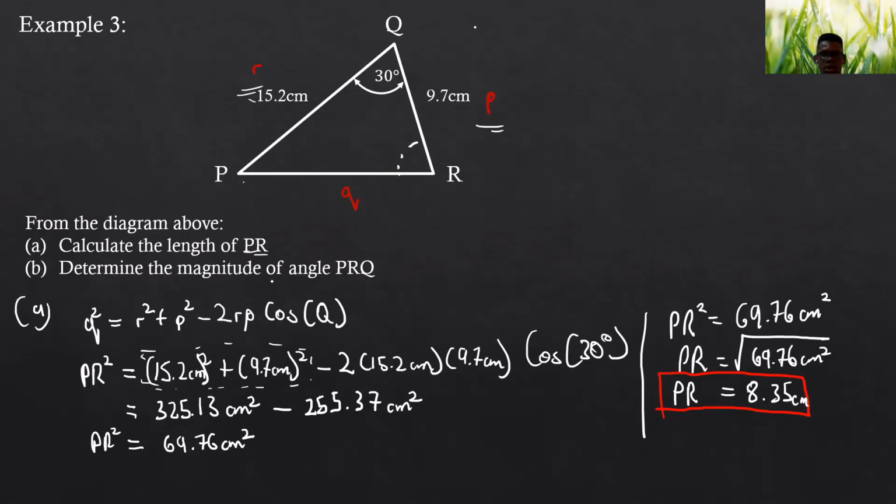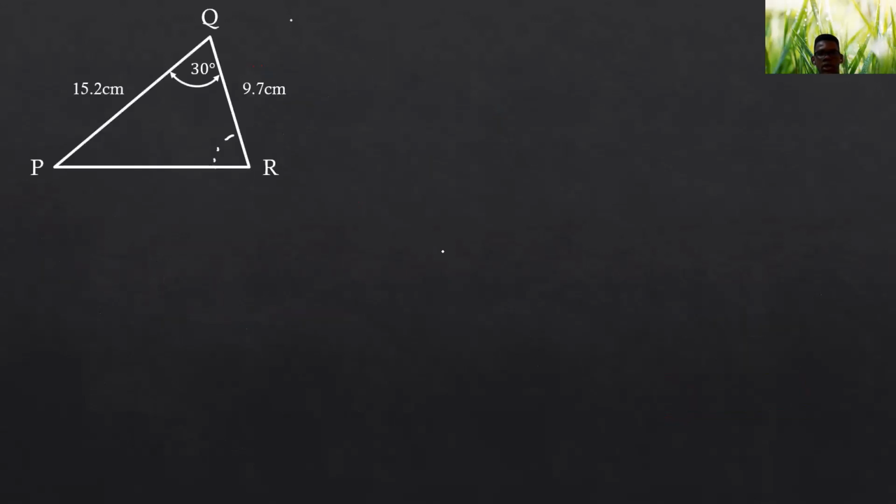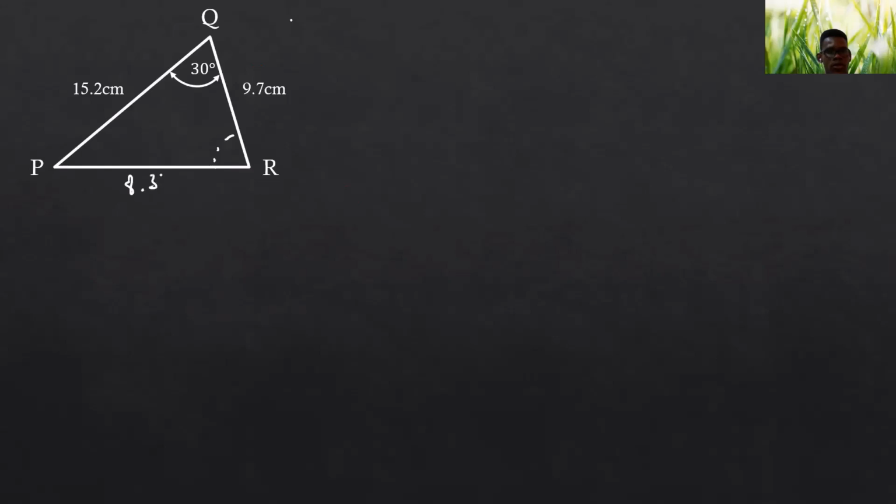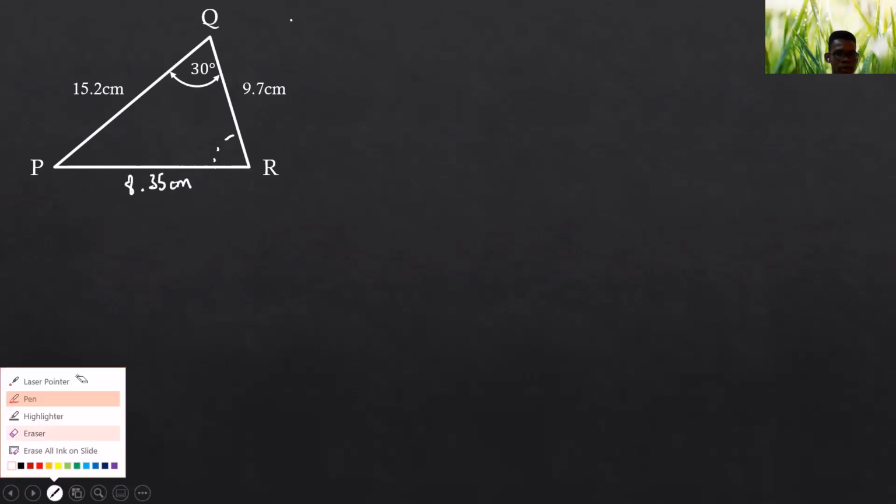Next, let's move on. The length of this side using our cosine rule we found is 8.35 centimeters. We could use the 4 if you want. Good, so we found this side.